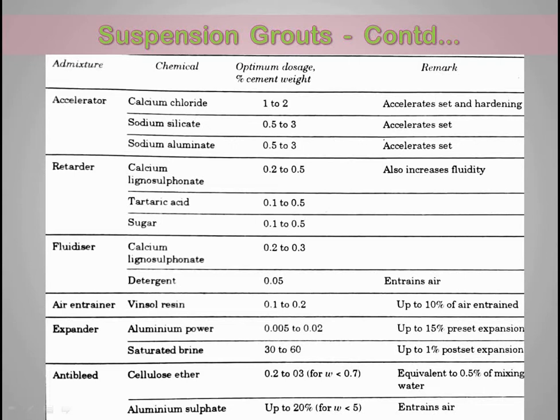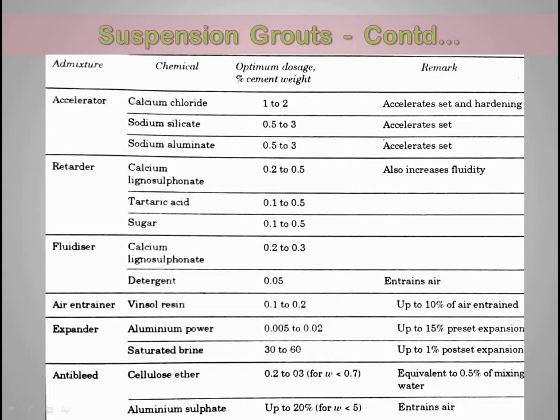In the case of retarders, we have calcium lignosulfonate and tartaric acid. In fluidizers we have calcium lignosulfonate, and in expanders we can use aluminum powder and saturated brine solution. As anti-bleeding agents you can use cellulose ether and aluminum sulfate.